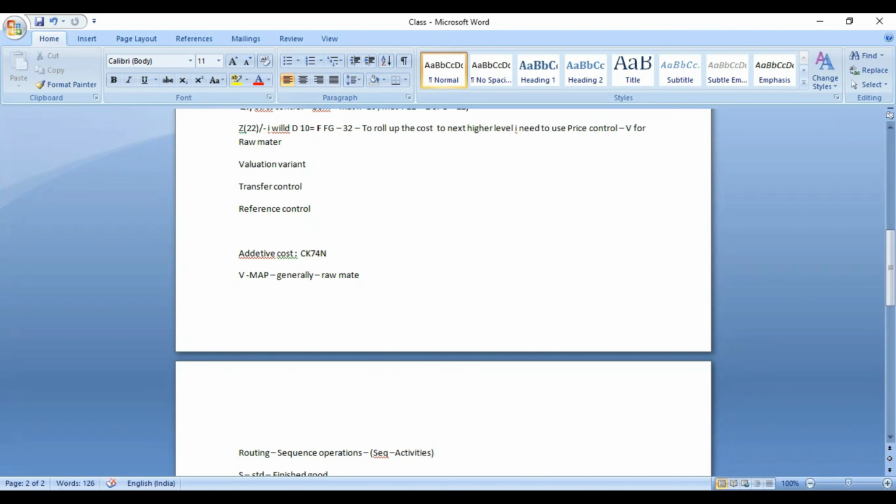For example, granulating, grinding, mixing. If you take the example of Novartis or Dr. Reddy's, they are manufacturing Dolo 360 or 650. To get that final product of tablet or capsule, they need to do the first operation of granulating or mixing some of the raw material.